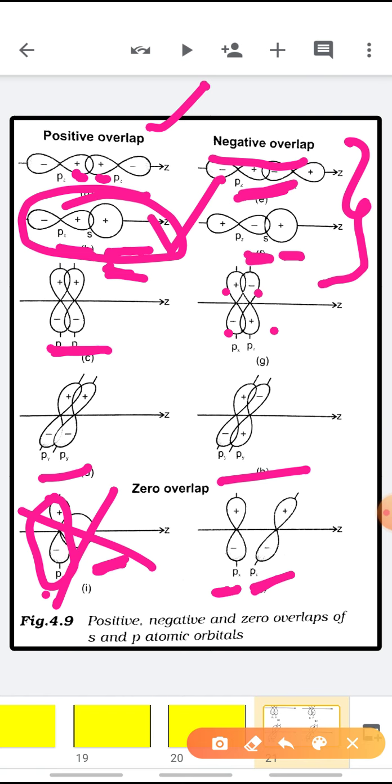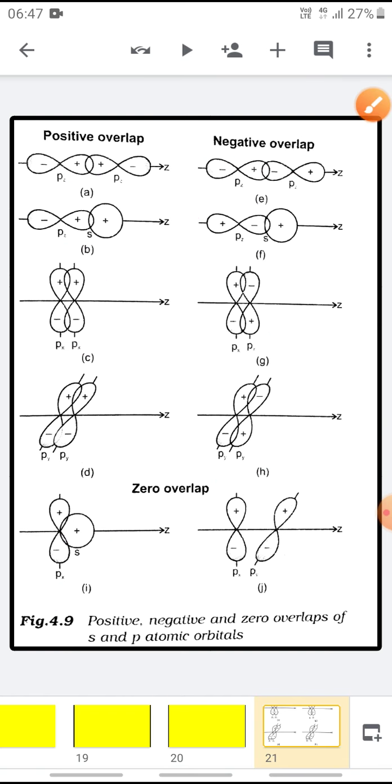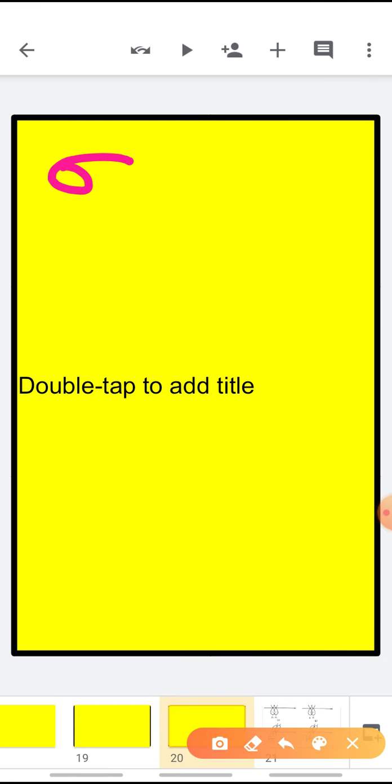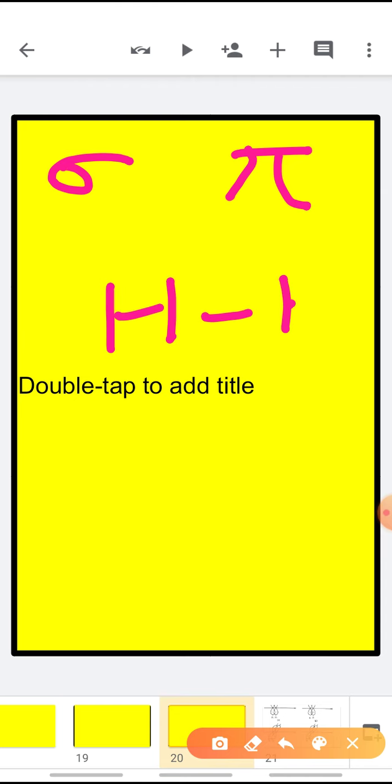Now children, on the basis of this, there are two types of bonds, the sigma bond and the pi bond. Whenever there is a single bond between two atoms, such a bond is called a sigma bond.